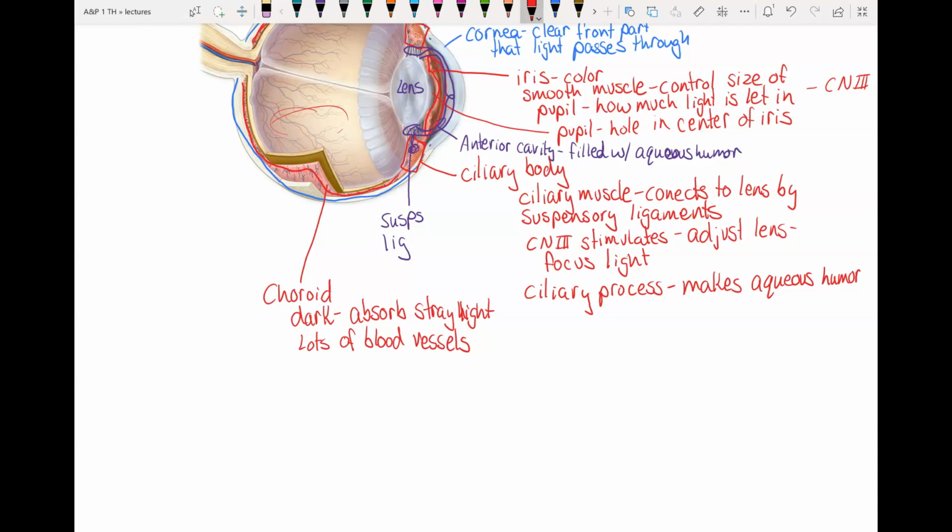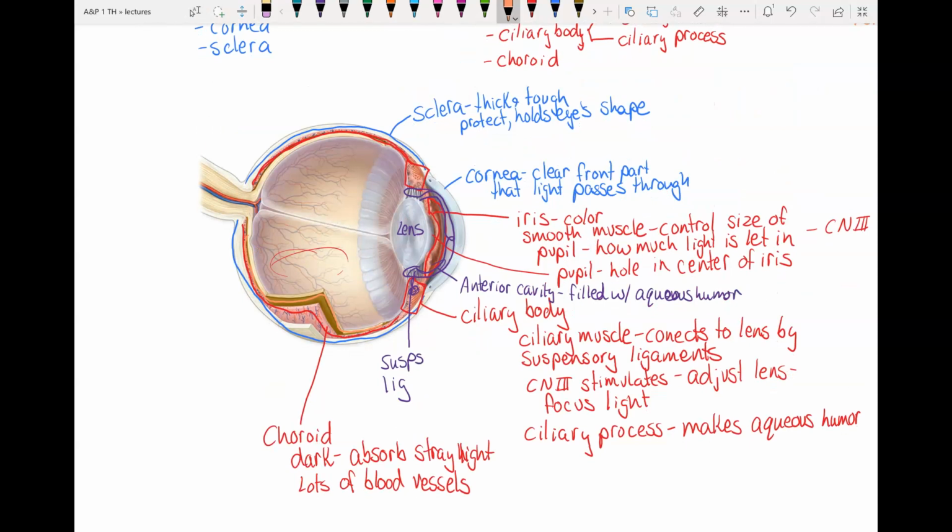Then we can move on to the neural tunic. The neural tunic is this inner layer. So you can see it here, and it comes on up like this. It's not in the front of the eye. It's only in the back portion of the eye. So this is all the neural tunic, which just has one part, the retina.